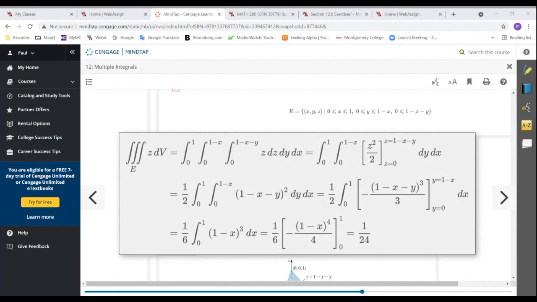So when you have situations like the ice cream cone problem, you had a sphere bounding above and a cone bounding below. So in order to use double integrals to find the volume, we had to subtract one double integral from another double integral.